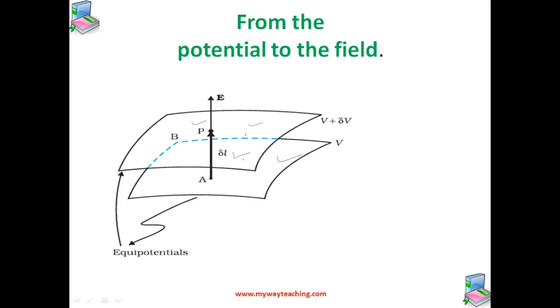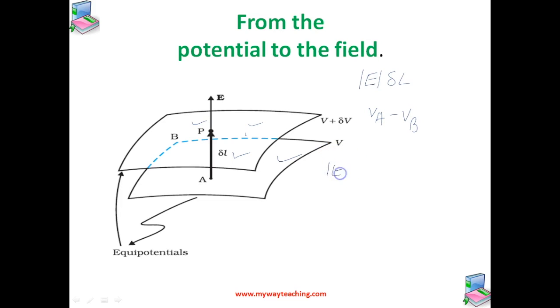Then imagine that a unit positive charge is moved along this perpendicular from surface B to surface A against the electric field. Then the work done in this process is given by E into delta L, and this work equals the potential difference, that is VA minus VB.